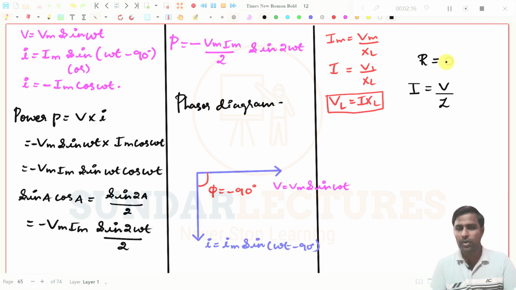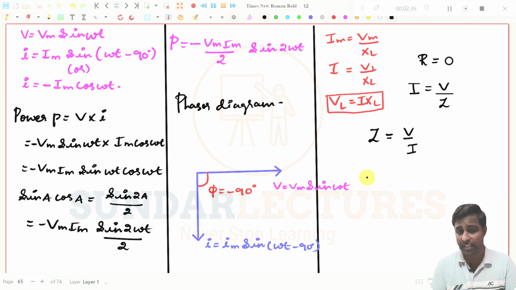If I write Z here, Z should be equal to V by I. I need to write that clearly. What is I here? I is equal to Im sine of omega t minus 90 degree.